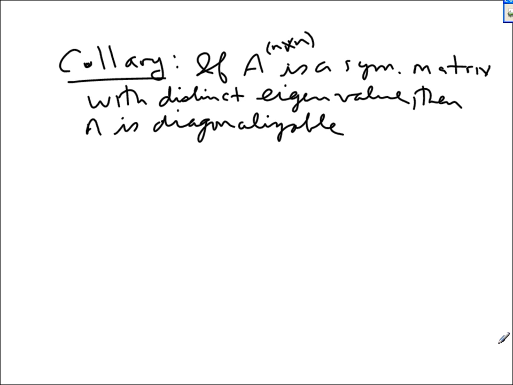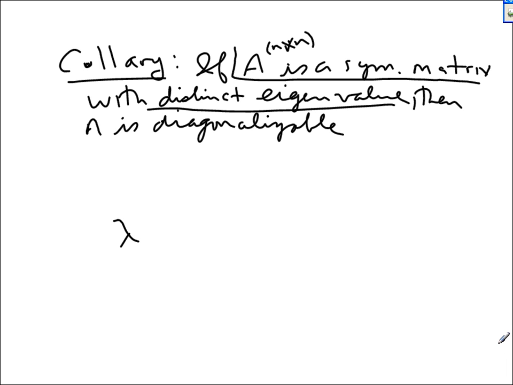We're not going to prove this, but all you have to do is realize that A is symmetric and has distinct eigenvalues. Now, what would it mean for it not to have distinct eigenvalues?